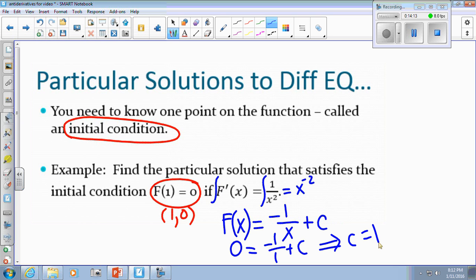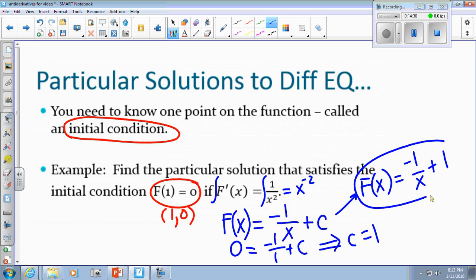So the solution for this differential equation would be f of x equals negative 1 over x, and then instead of plus c, I'm going to put plus 1 because that's what c equals. So finding the solution to a differential equation, the particular solution, still involves integration, and then you take it one step further and use your point to figure out what the c value is.